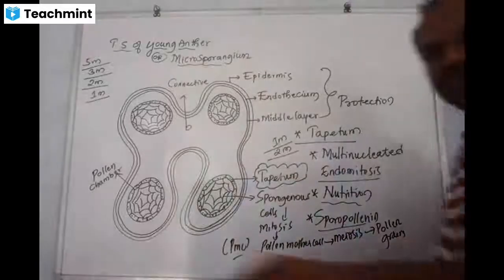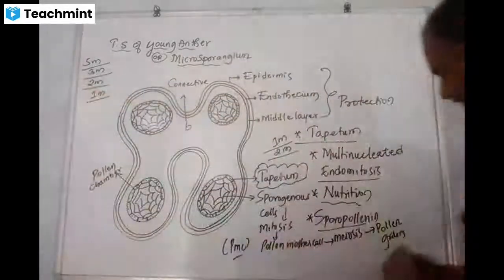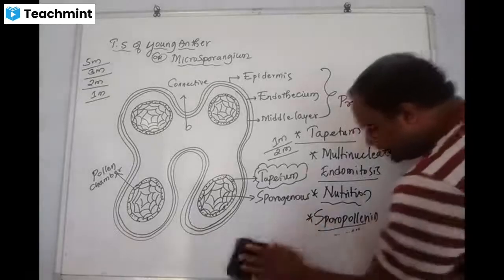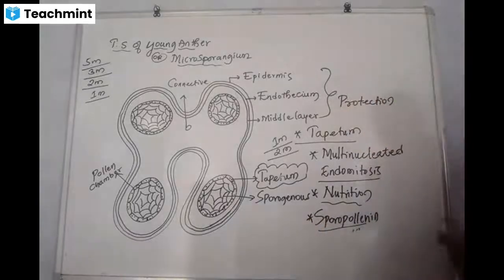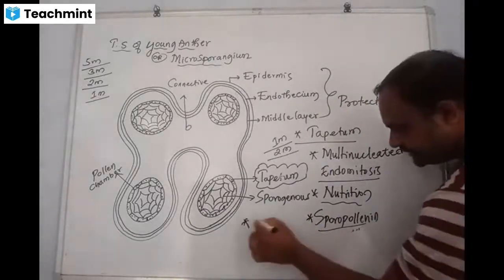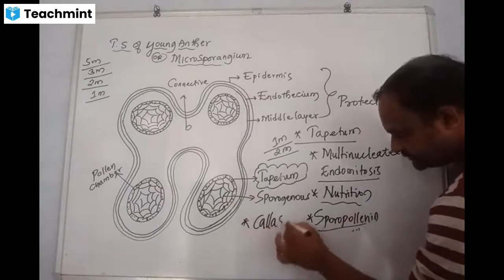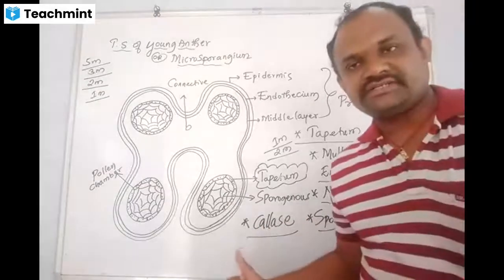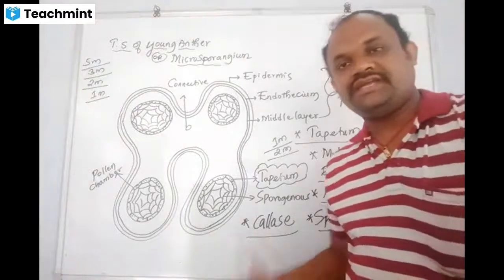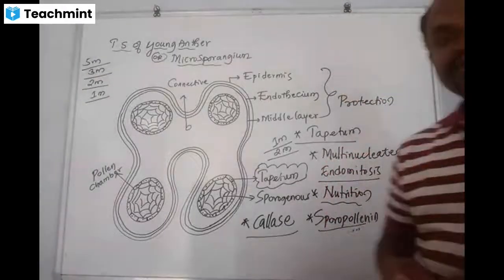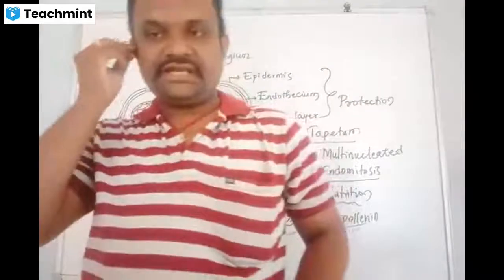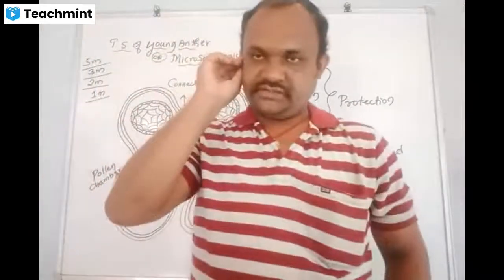The last function of the tapetum cell is that it secretes an enzyme called callase. So what is the role of the callase?